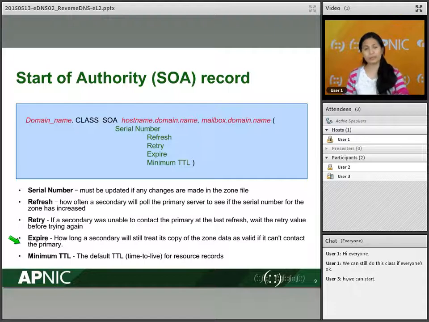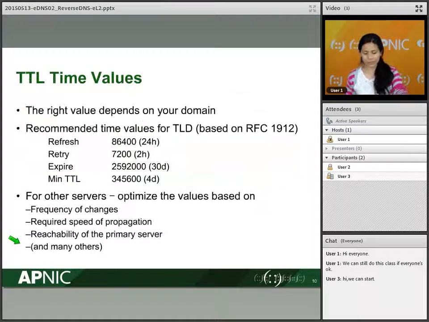Okay, again, that is still the same when you create your zone file for your reverse DNS. Again, this is just the TTL values. Your TTL values depend on how often you change your records. For reverse DNS, you are very much dependent on the dynamics of your network. Let's say, for example, you add entries every day.